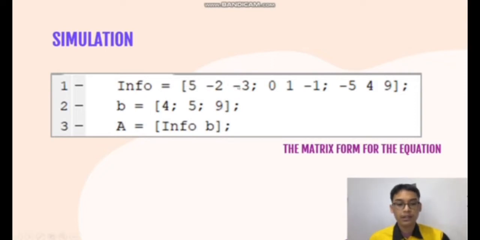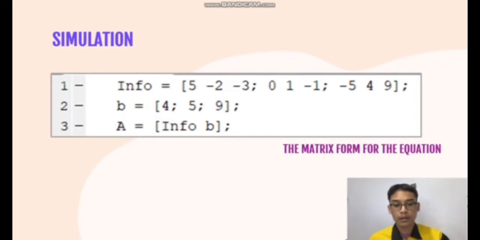The first three numbers are row 1, the second is row 2, and this one is row 3 for our left hand side. And this is the answer for our equation that we derived in the manual calculation.